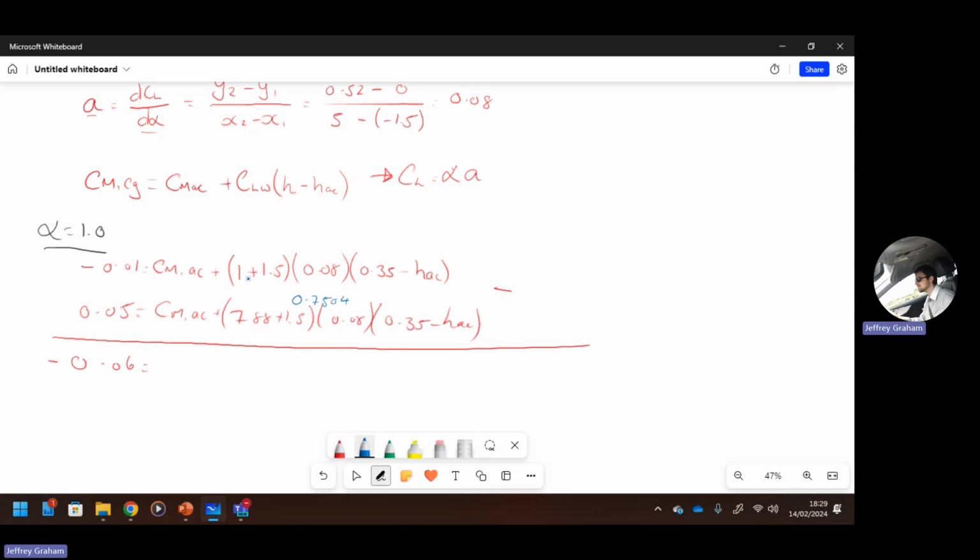And similarly, 1 plus 1.5 is obviously 2.5, times that by 0.08 is bang on 0.2. All right. If you subtract 0.2 minus 0.7504, we get minus 0.5504, multiplying our brackets. We can't touch that just yet.